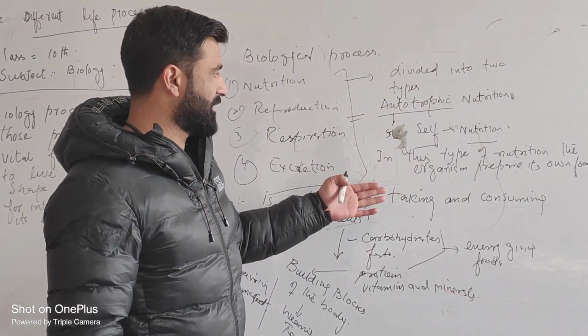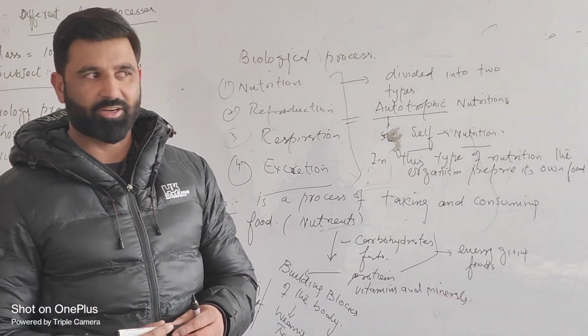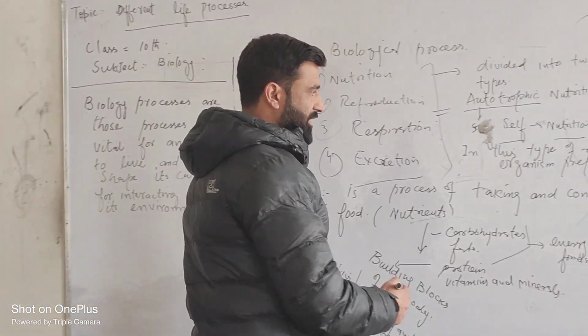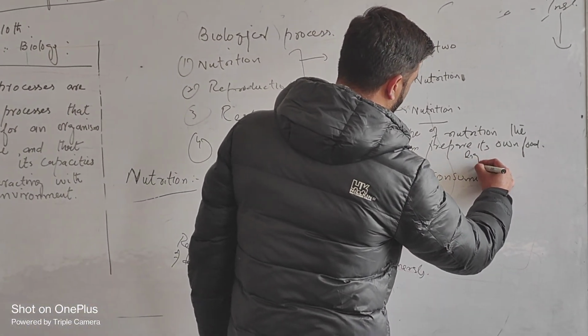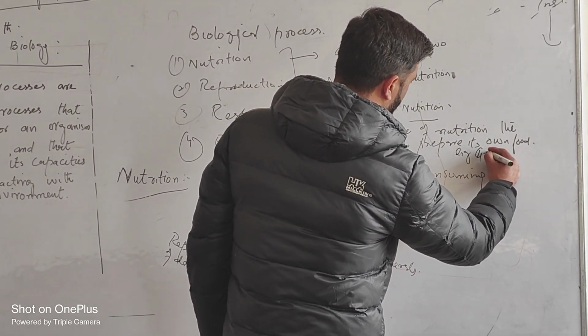So this organism is not dependent on others for its food. Now we can give the example: green plants. Example of autotrophic nutrition: green plants.